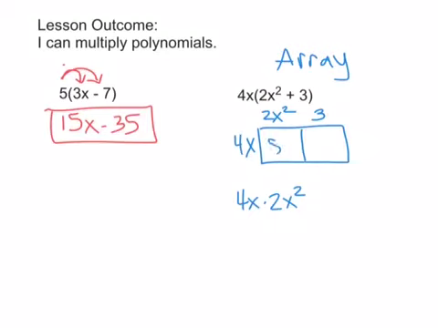We're going to write the 8 here. And then we need to multiply the x times the x squared. Remember that x is x to the first, and when we are multiplying an x to the first power times an x to the second power, we will add the exponents. So x to the first times x squared is x to the third.